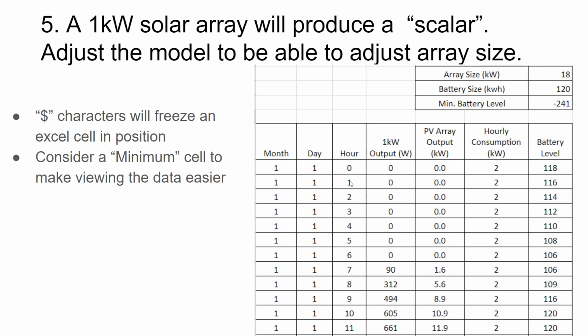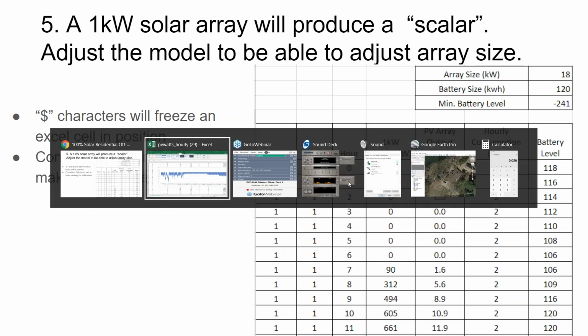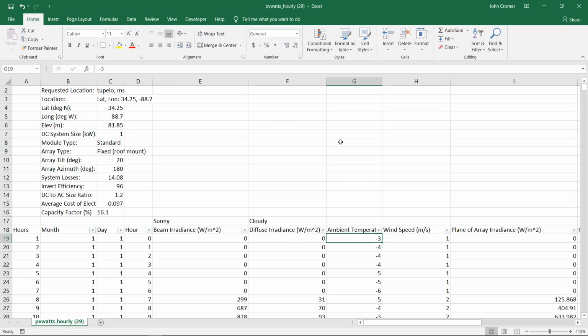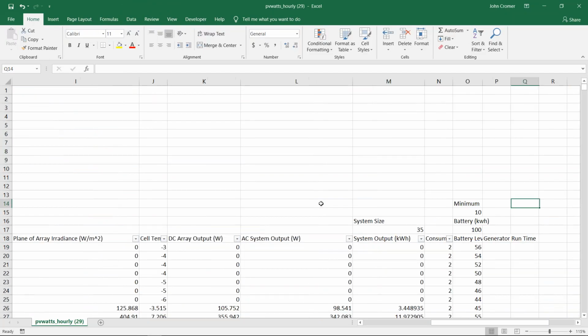It's nice to have some toggles in your spreadsheet so that you can explore different values and say, okay, maybe if I do a 70 kilowatt hour battery bank and save $4,000 on batteries and add more solar, adding more solar at this point really is not getting me substantially more battery life, because the battery is draining during times when it's so duck soup outside that the solar array is hardly doing anything at all.